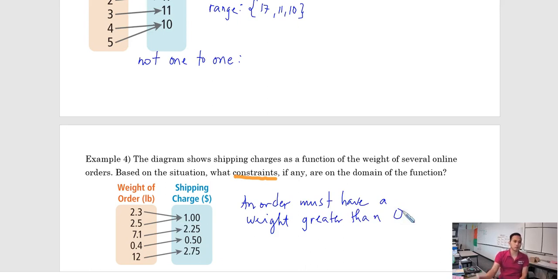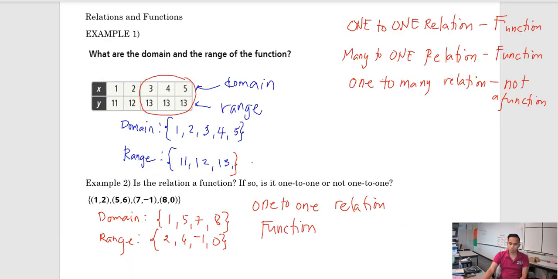So the domain of the function is confined to values greater than 0. So your domain must be greater than 0. Right? So that's the limit there. There is no negative here, on this example only, on example number 4. So your order must have a weight greater than 0.